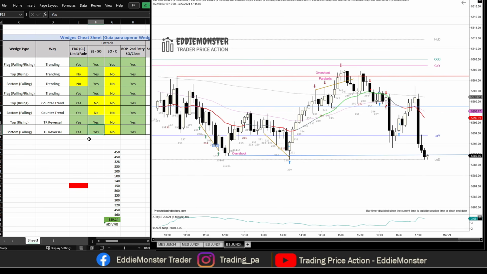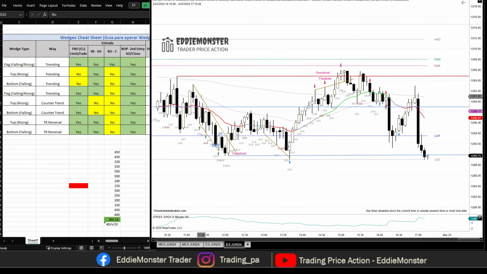We can use a signal bar. So this is a signal bar. It was not triggered, but you can buy above that one. And then you cannot buy the breakout. So what is the breakout? The breakout of the wedge is like this.